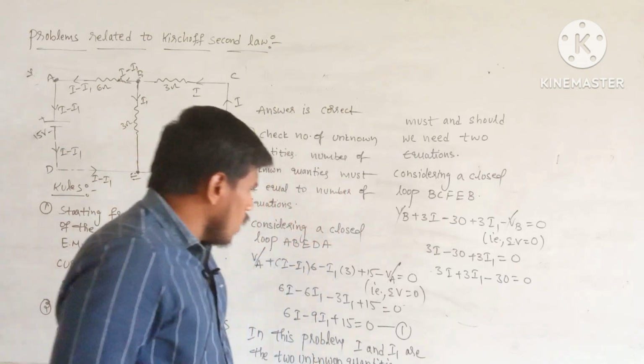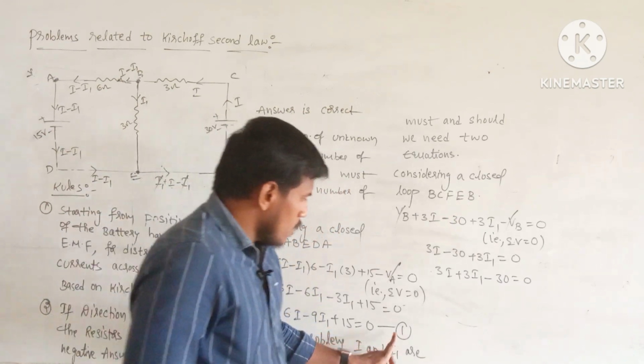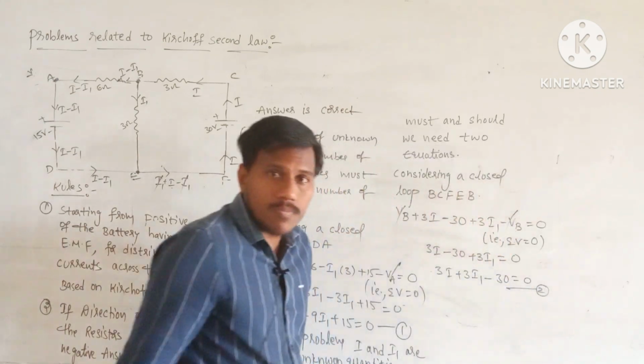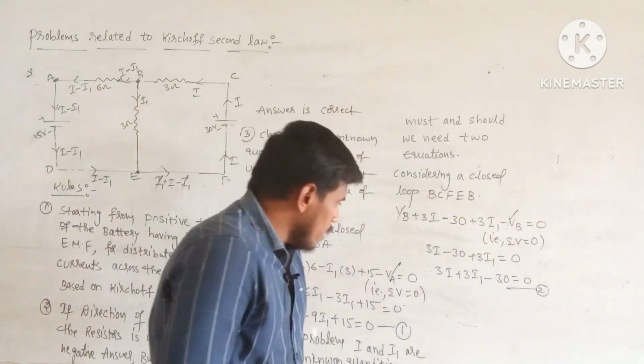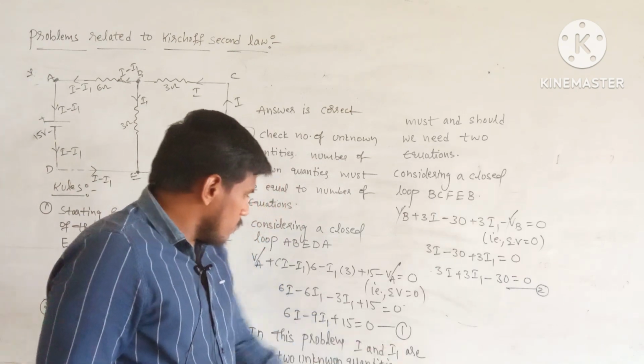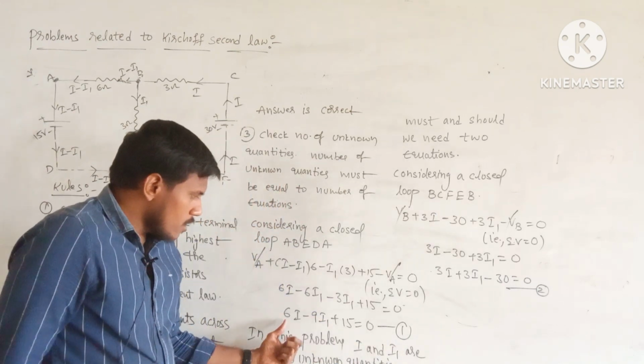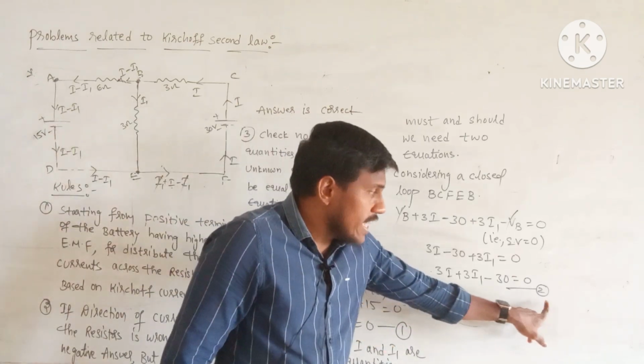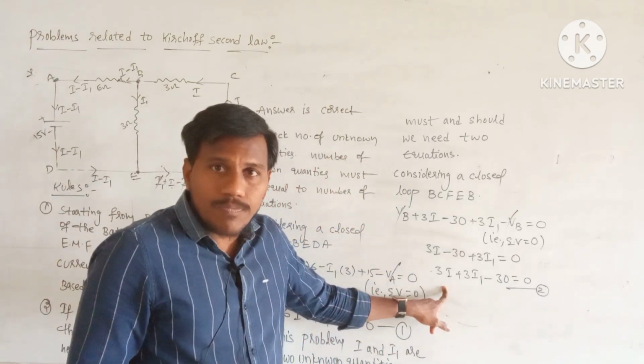Now I am going to solve this equation and this equation. Let this be equation number 2. Observe equation number 1: here 6I is there. In equation 2, 3I is there.